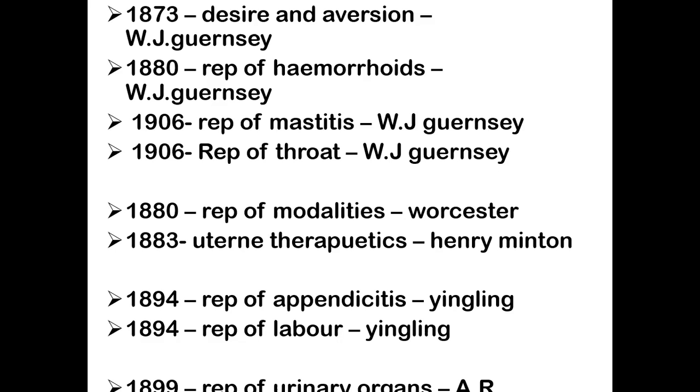And after 7 years, in 1880, Repertory of Hemorrhoids. It's again an important question too. In 1906, 2 repertories came by the same author W.J. Guernsey, that is Repertory of Mastitis and Repertory of Throat.